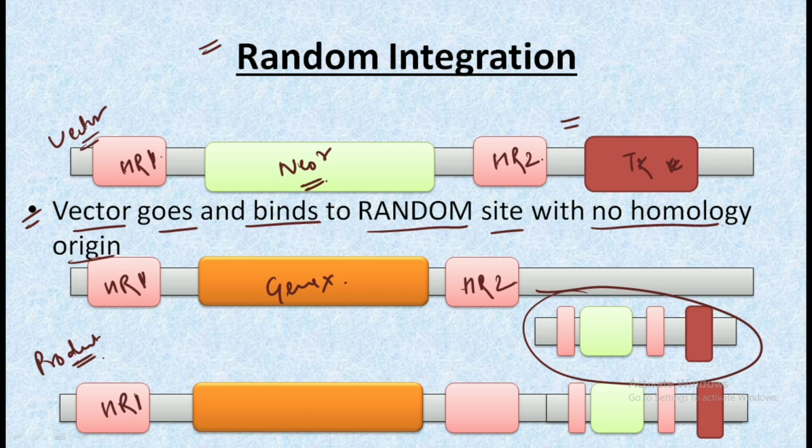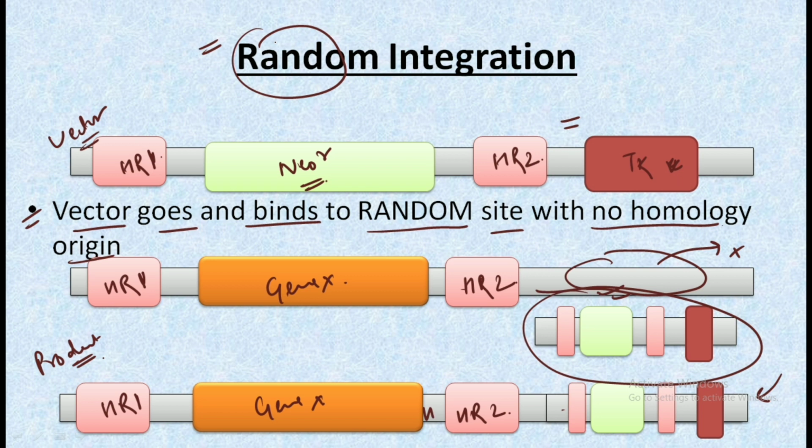We have the HR region 1, we have the gene X, we have the HR region 2, and the vector that we have focused upon gets inserted into any random position, and the gene that was initially present here gets eliminated. So in this type of integration in which there occurs random integration, the undesired gene gets eliminated.